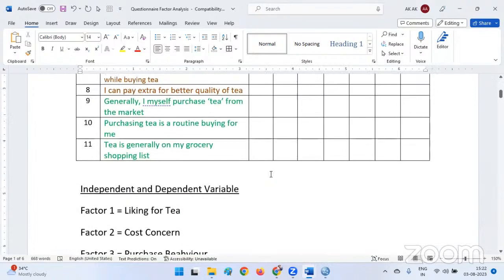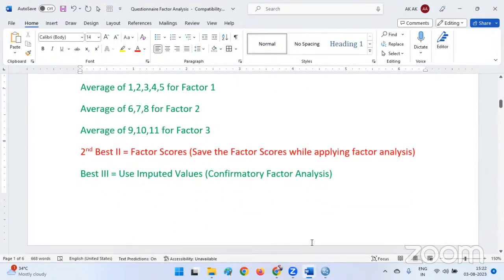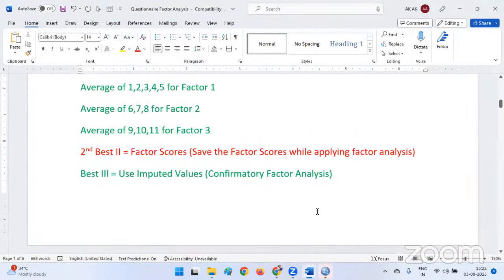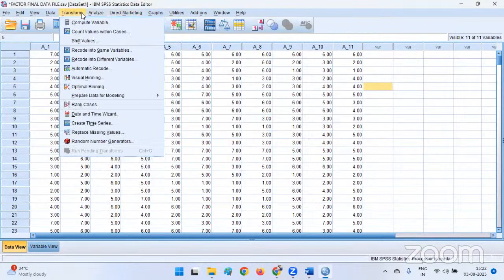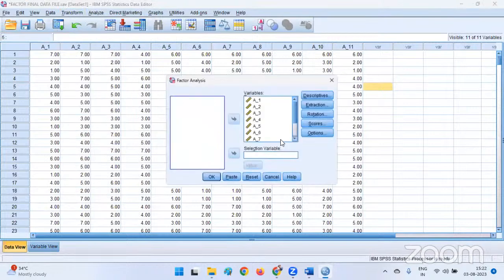So what we will apply here is multiple regression. For multiple regression, we need the values of these 3 variables. So we will apply the factor analysis again. Analyze, I can take it from here also, factor analysis.